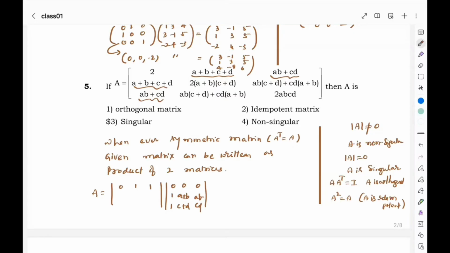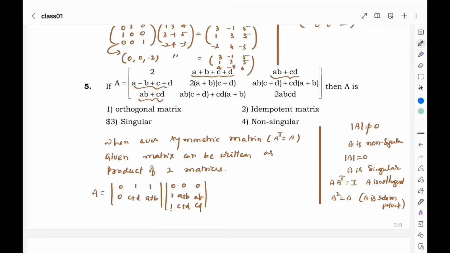So now, to get this part, I'll write here 0, A plus B, C plus D. Then 0, A plus B, C plus D. Yes, I got this. But here A plus B whole square we are getting. I will interchange it to C plus D, A plus B. 0, C plus D, A plus B. I got this element.